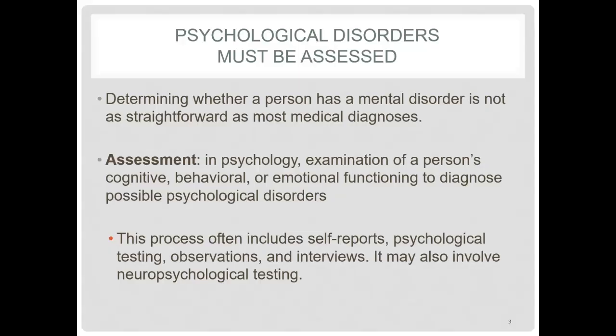A very basic neuropsychological test is to list 5 words. You tell them, I'm going to tell you 5 words, and in a few minutes I'm going to ask you for those words again, and I want you to remember them. Then you list the 5 words. Five minutes later, you ask them to tell you what those 5 words were. If someone's developing dementia, they're not going to do well on that.